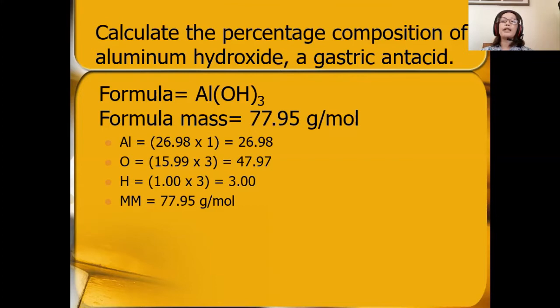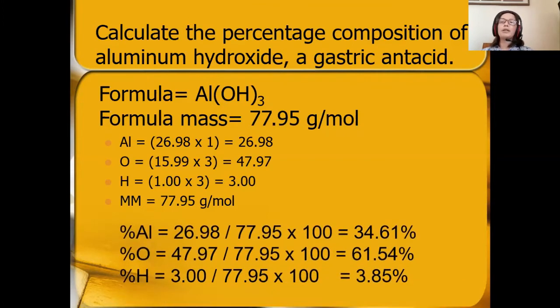You will find in the chemical formula aluminum, oxygen, and hydrogen. So what is the percentage of each component to the compound? By applying mass of the component over the total mass of the compound, multiplied by 100.